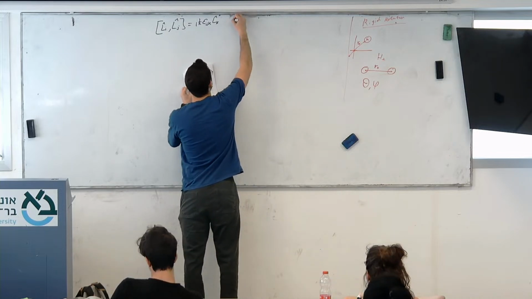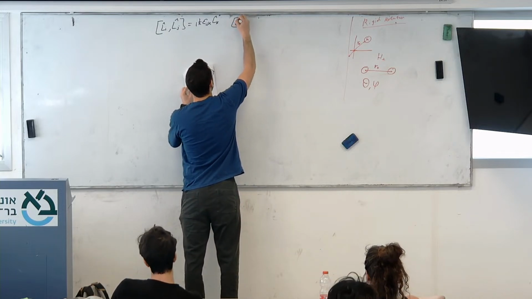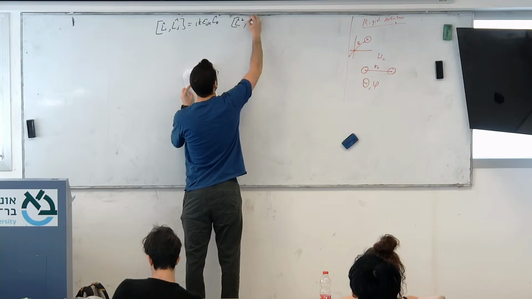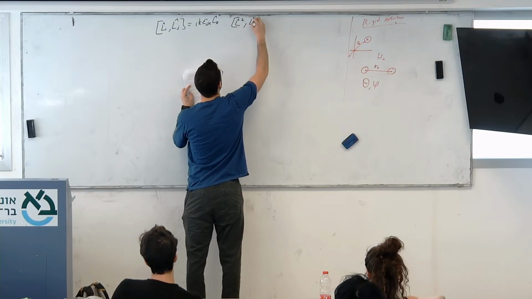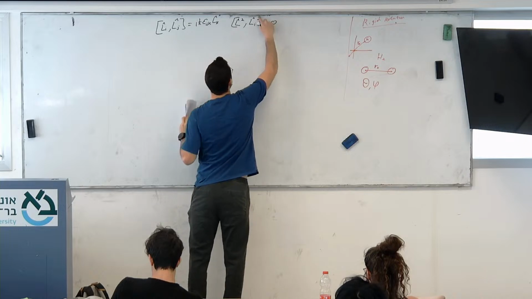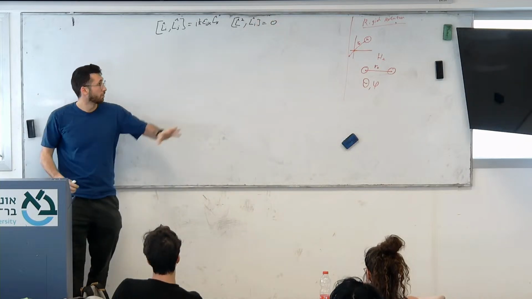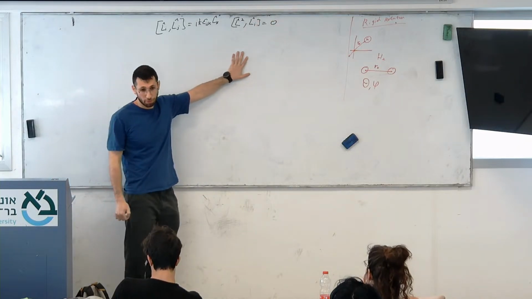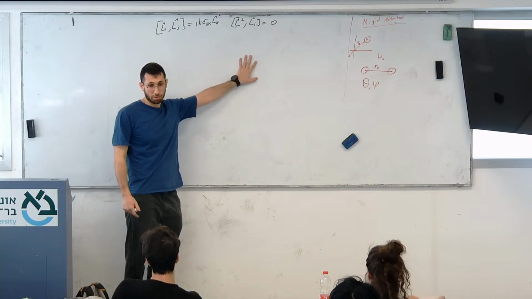The other one is that [L², Li] operator is equal to 0. Those are two given relations. You can prove them yourself if you want, but I'm not going to do it.